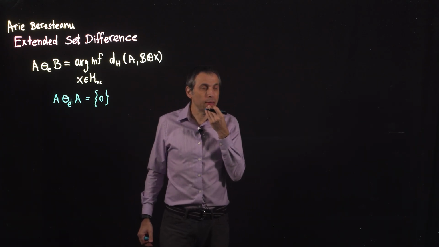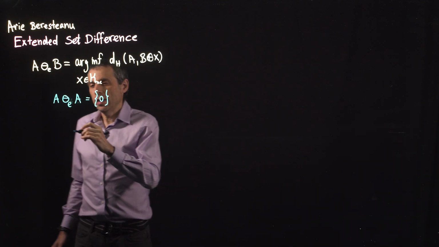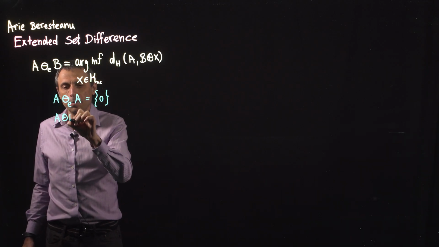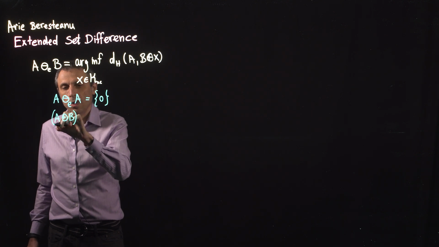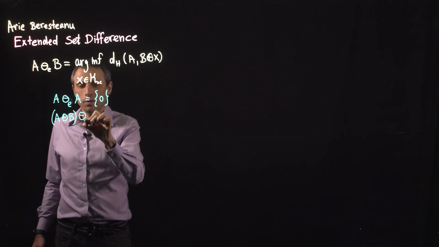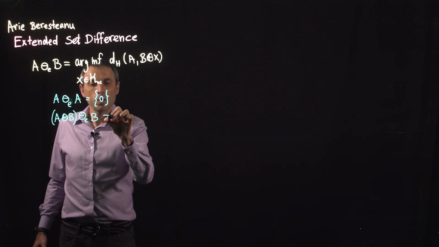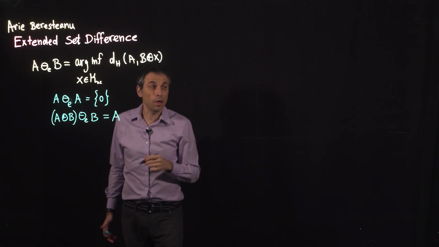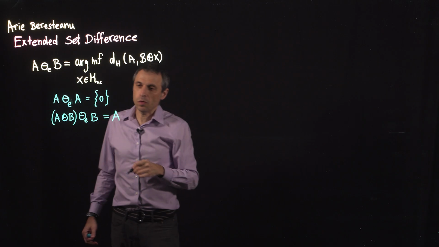Another good result that we would like to have is that if we take A Minkowski summation B, a new set, and subtract from it B, we will get A. So that's again a very nice, desirable result.